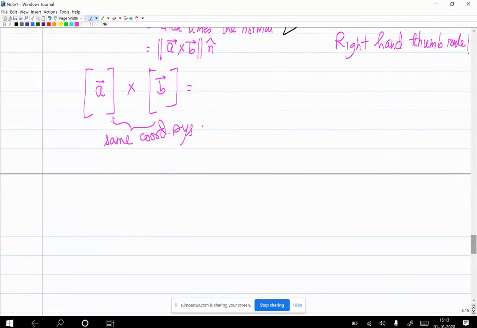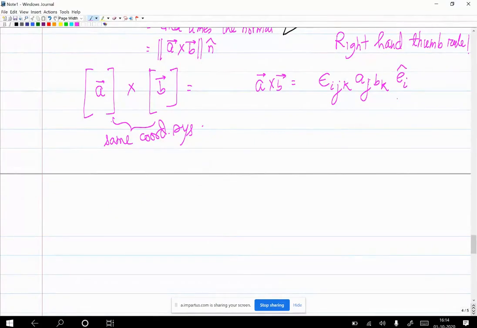So we know this A cross B, from the indicial notation, is equal to epsilon ijk aj bk ei.